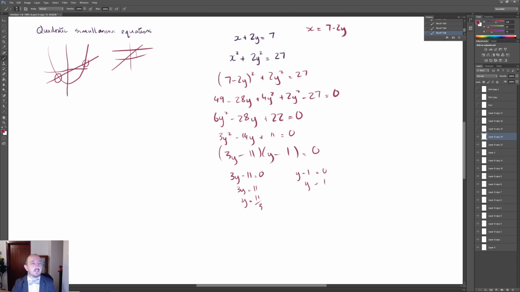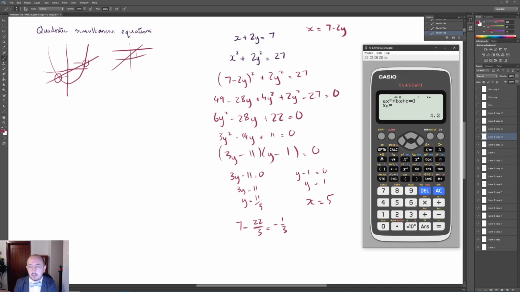We've now found the 2 y coordinates of these, and they're not correct on this graph, but we found the y ones, and we're now going to substitute into x to try to get the x ones. So x equals 7 minus 2y, and 7 minus 22 thirds is negative 1 third, I think.